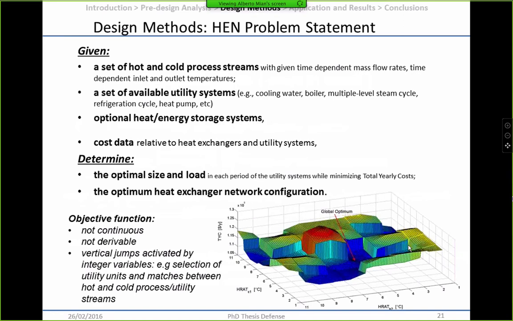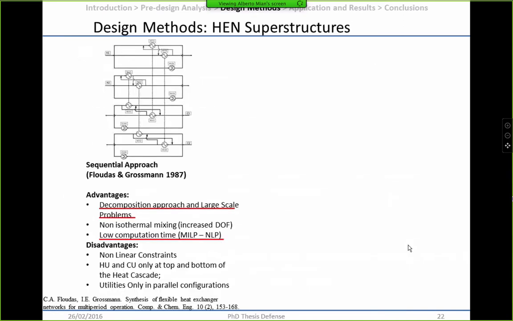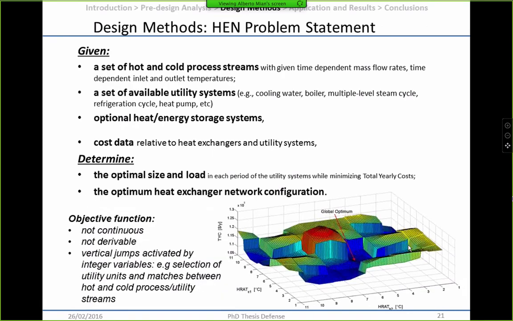We have a set of available utilities, as before. This time we also have some optional heat and energy storage and cost-related data. With this input, we have to determine the optimal configuration of the plant. So it is as in the previous step, but a bit more detailed because we have the heat exchanger network.